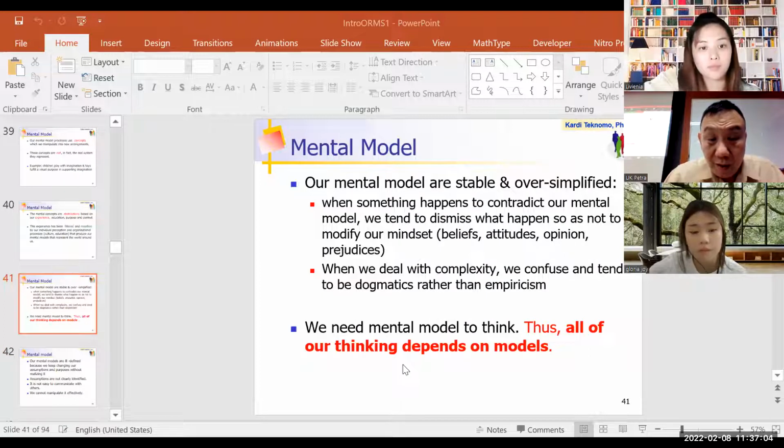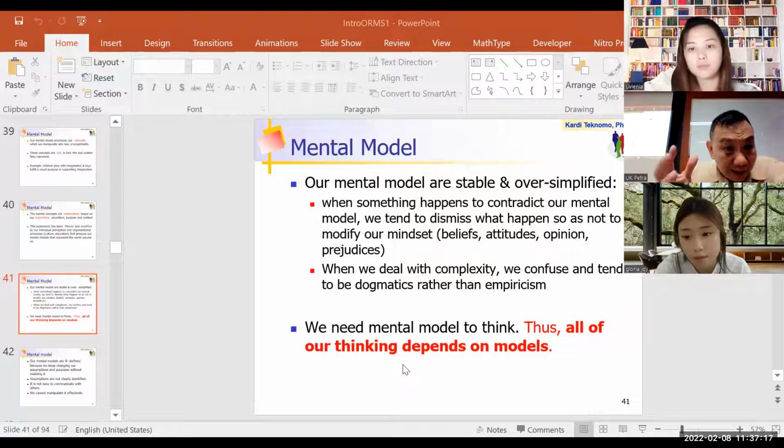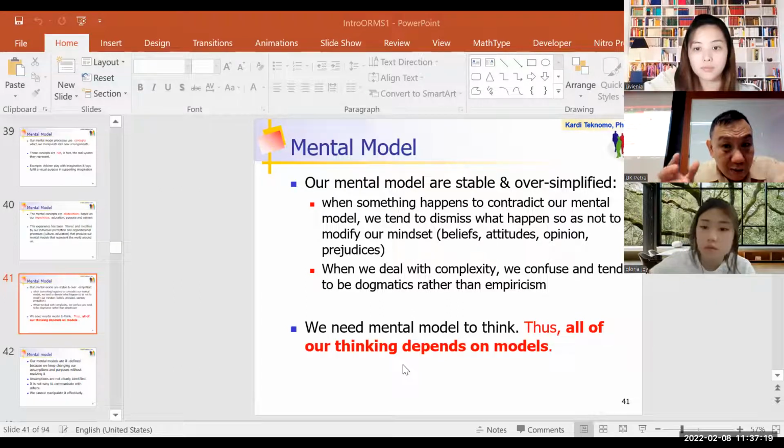So this is the characteristic of mental models. Mental models are stable and overly simplified. When something happens that contradicts our mental model, we tend to dismiss it.